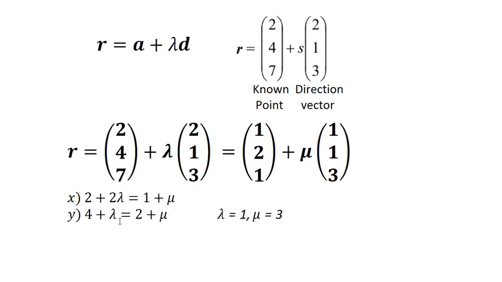The y component must be the same. If they're both the same, I can now solve these and I get this. And then I test the z component. There's the z component. I put in 1 and 3, and sure enough, 7 plus 2 is 1 plus 9. The z component also works for this combination of lambda and mu, and so the lines do intersect.